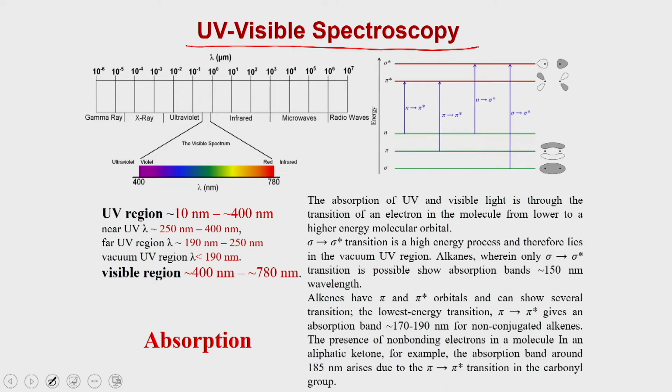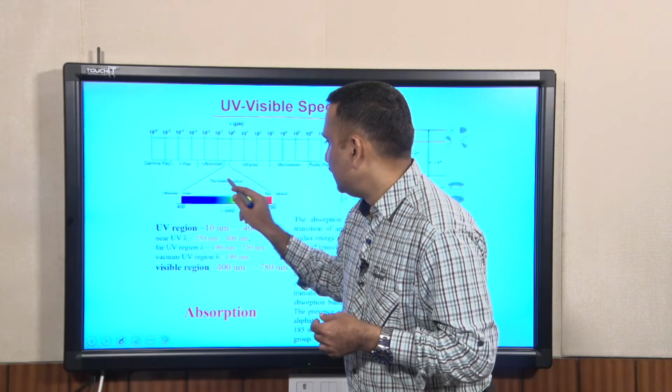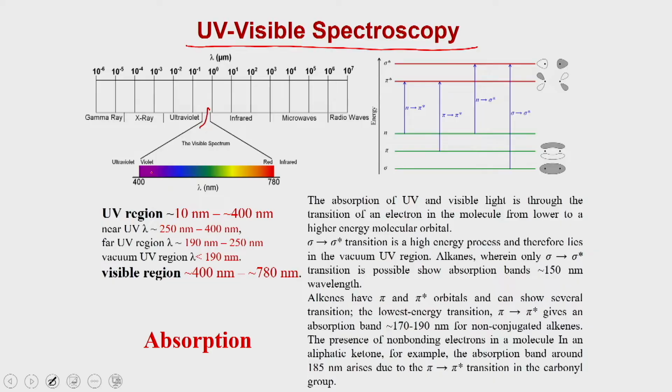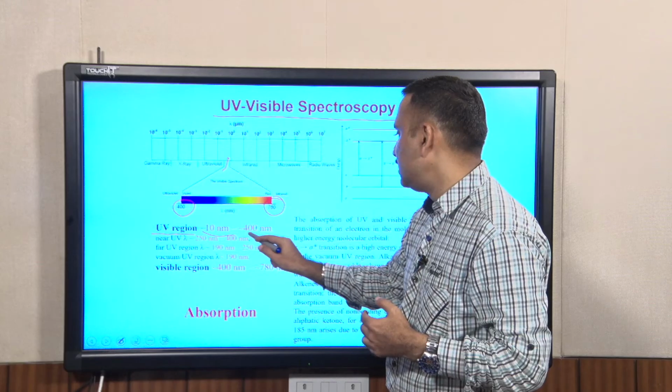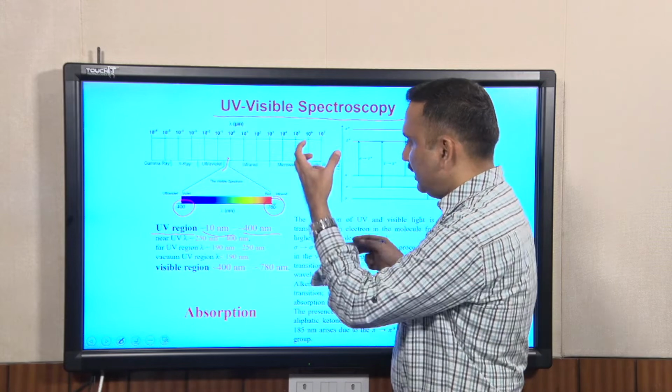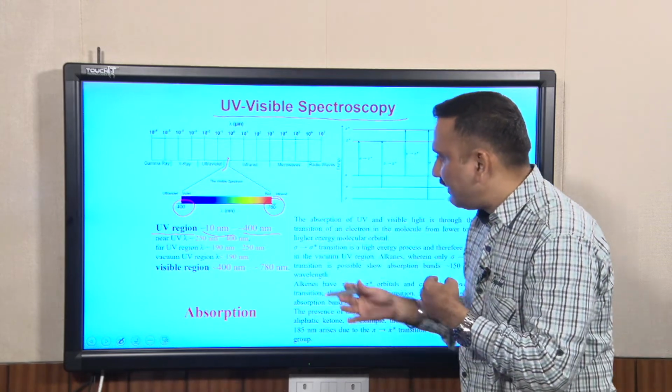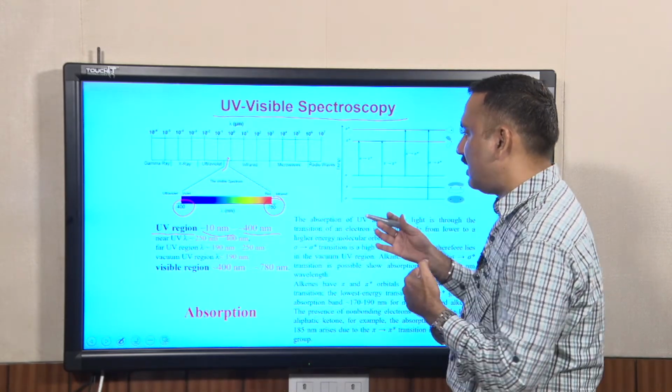So, we first start with the UV visible spectroscopy. UV visible spectroscopy has a visible range which starts from 400 to 780 nanometer, and before the visible range you have the UV range which starts from 10 nanometer to 400 nanometer. This UV range is further divided into three components.